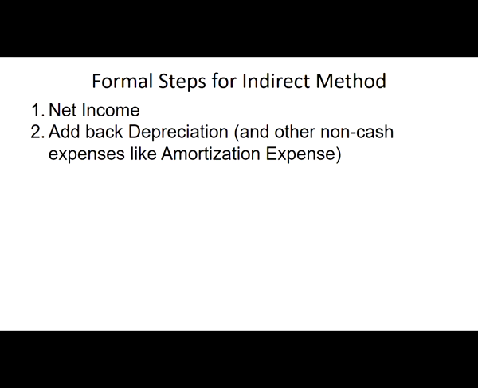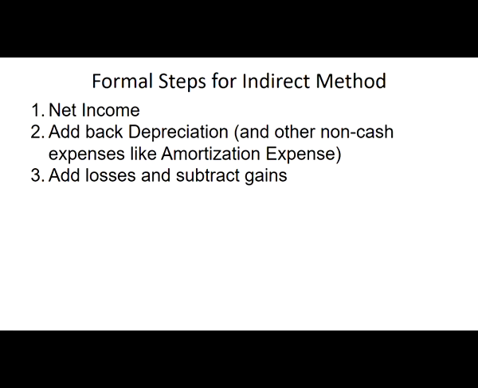Depreciation expense is the most common, and you'll see it in every cash flow problem you do, and you always just add it back. It's a non-cash expense, and so it gets subtracted to get to net income. And so if we want to basically erase it or rub it out, we have to add it back. The same thing is what we're doing in step 3. By adding losses and subtracting gains, we're just removing them from income.